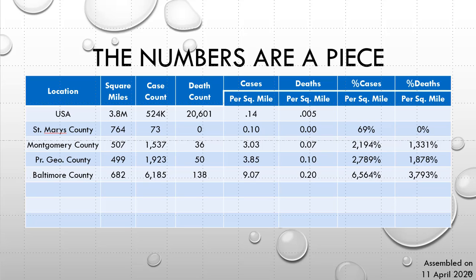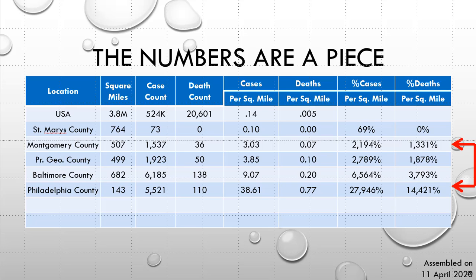Then I went up the road into Philadelphia and looked at Philadelphia County, and you see even higher numbers at almost 280 times the U.S. average from a case count perspective, and over 144 times the death rate on a per square mile basis when you compare that against the U.S. average.